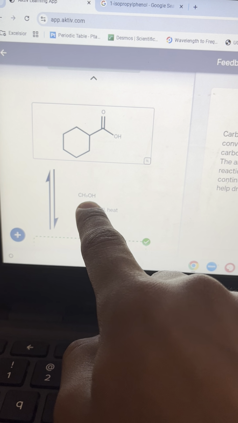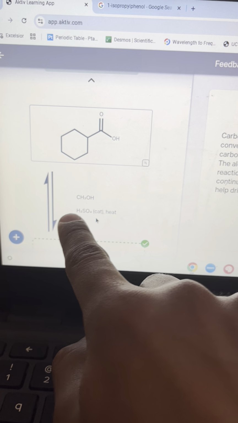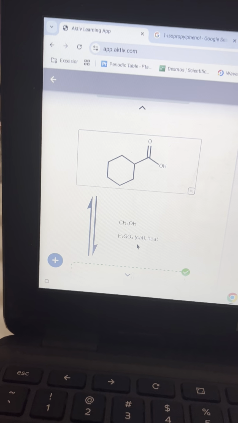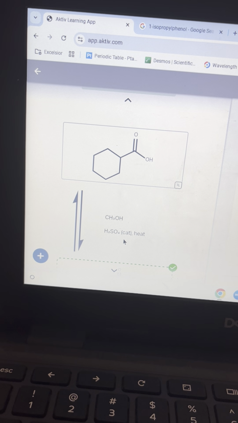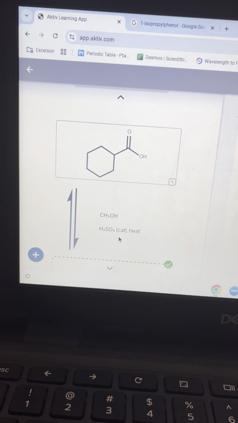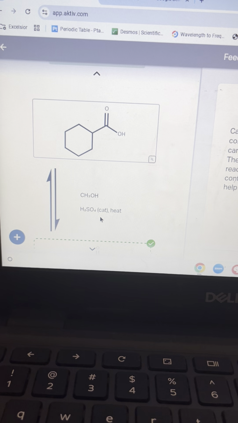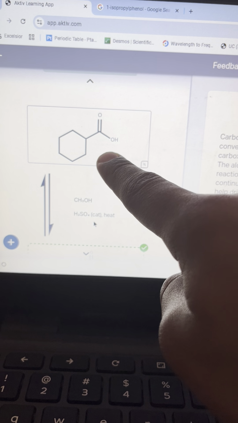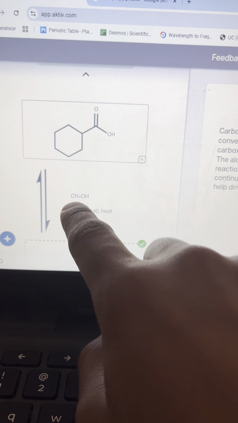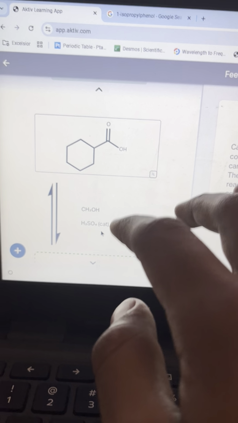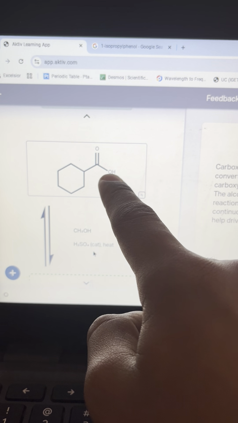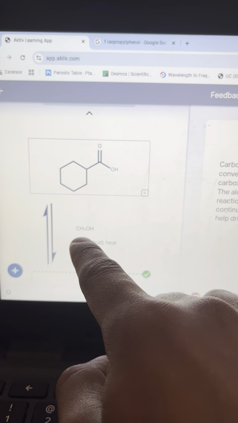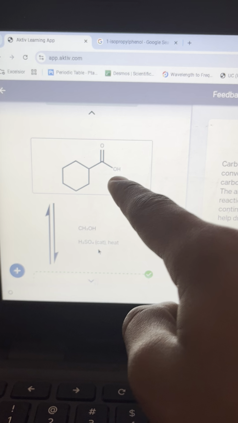And you're going to see what the carbon on this alcohol is looking like. So our carbon is just a CH3. Remember, just one carbon is a methyl. And in esterification, after our carboxylic acid reacts with the alcohol and the heat, it's going to remove the hydrogen from here, and whatever the carbon is attached to the alcohol is going to replace the hydrogen.